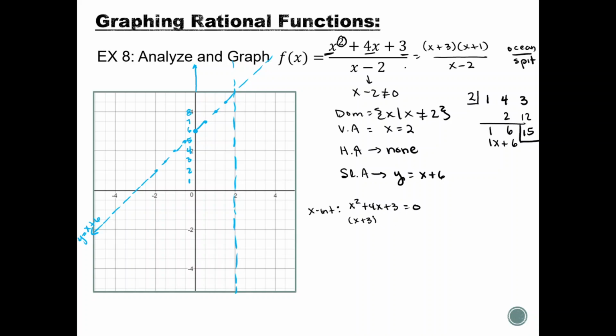So that factored. So I have -3 and -1. Okay, -1, -2, -3.